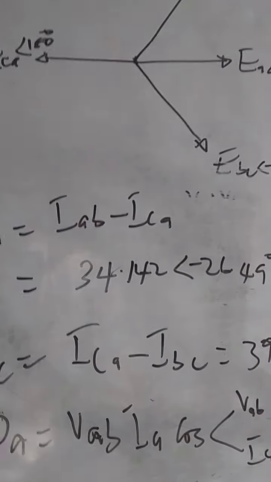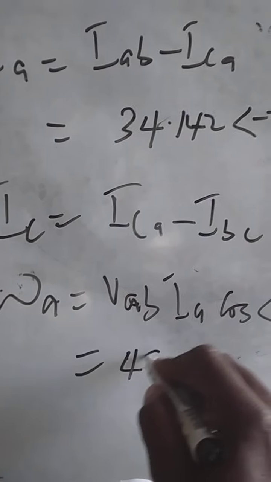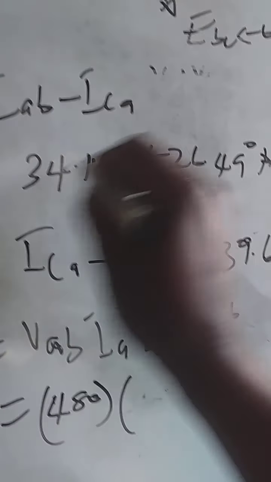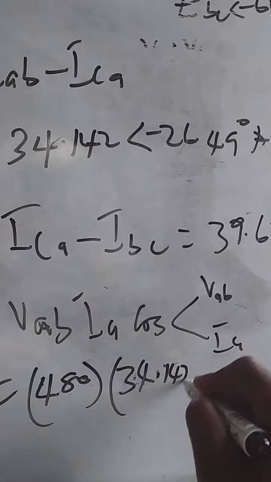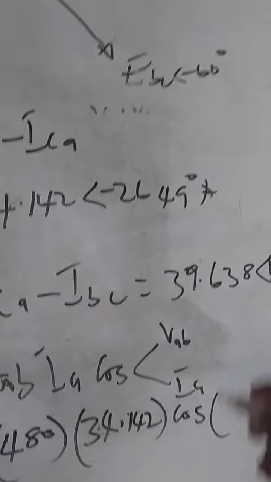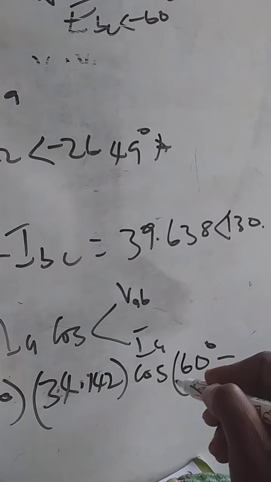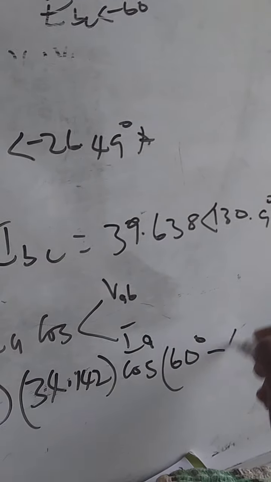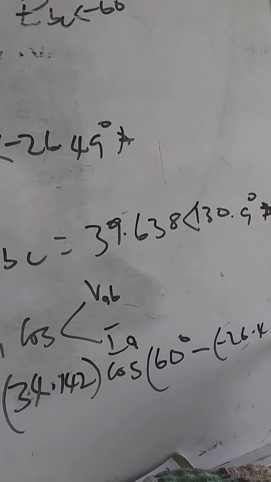Our VAB is at angle 60, that's 480, times our IA, which is 34.142, cos the angle of VAB, 60 degrees, minus the angle of IA, minus 26.49 degrees.